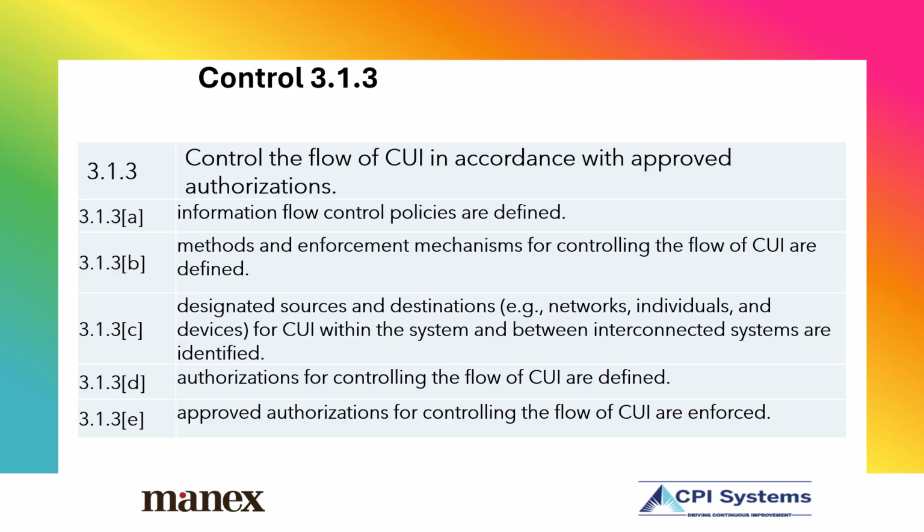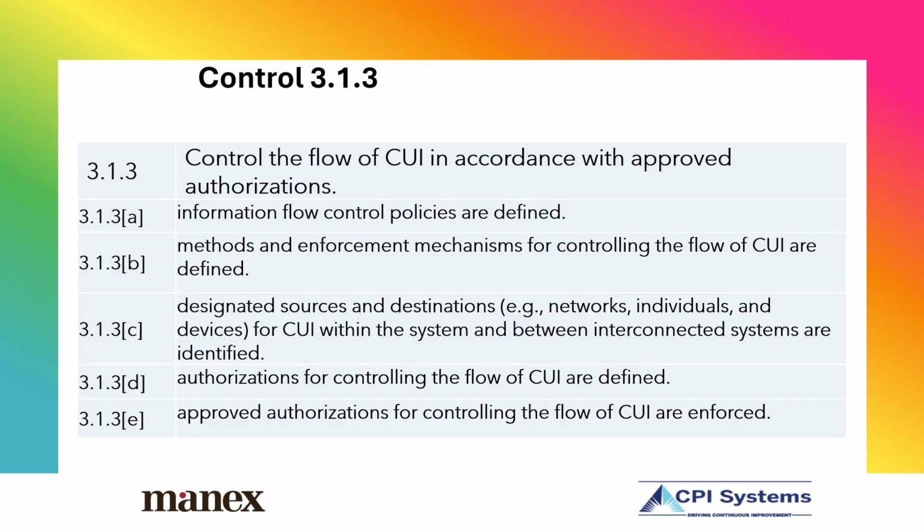This is part A. You may include this in your access control policy statement if it's a broader statement. Part B asks that methods and enforcement mechanisms for controlling the flow of CUI are defined, so they're documented. Authorizations and admin are important here.